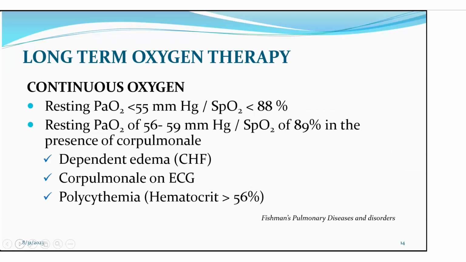When we have long-term oxygen therapy, where it can be continuous oxygen, we may be talking about resting partial pressure of oxygen of less than 55 millimeters of mercury, or SpO2 of less than 88%, or resting pressures of 56 to 59 millimeters of mercury with SpO2 of 89% in the presence of cor pulmonale or dependent edema or congestive heart failure, P pulmonale on ECG, or polycythemia with a hematocrit of more than 56%.